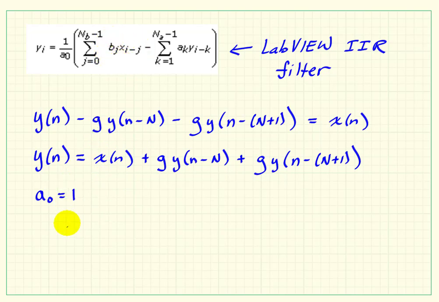Here we see that the B coefficient is associated with the input x. Now let me change the signs to match the sign on the summation.